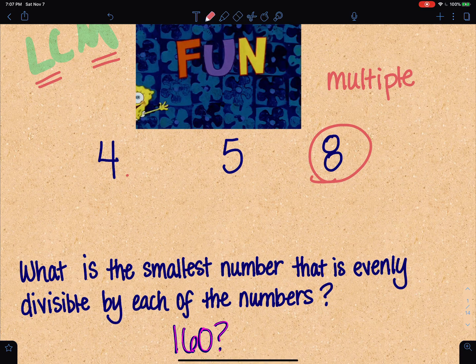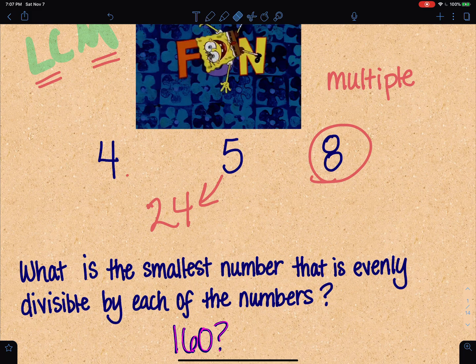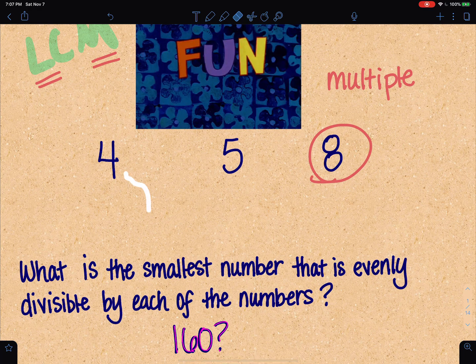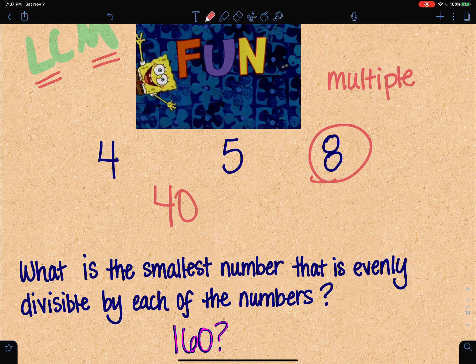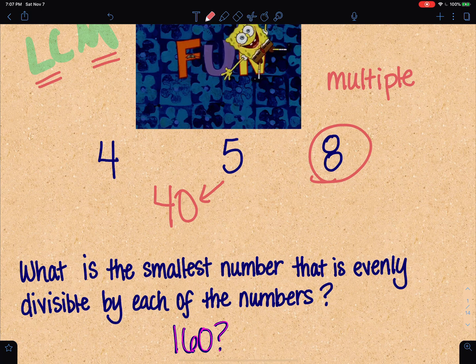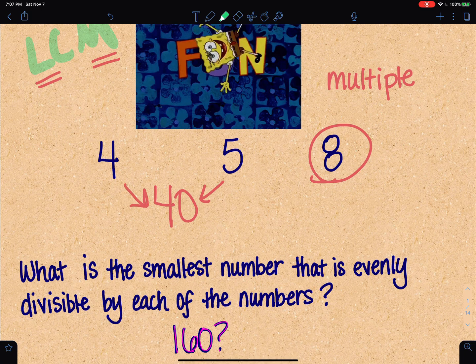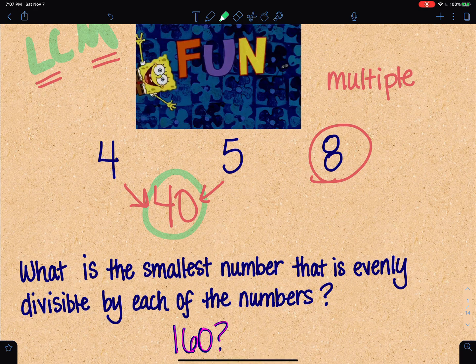Then I do 8 times 3 is 24. And 5 is not going to go into that evenly, so it can't be that. Then I'm going to do 40. 40 is the next one, okay? So then 40. Does 5 go into 40 evenly? Yes, actually it does. Does 4? Yes. So I know the answer is going to be 40 in this situation.